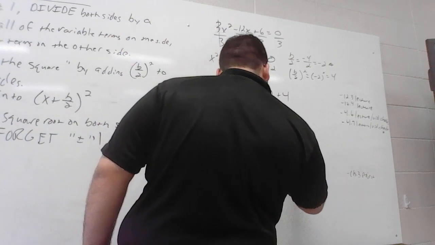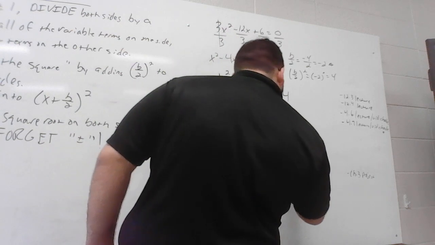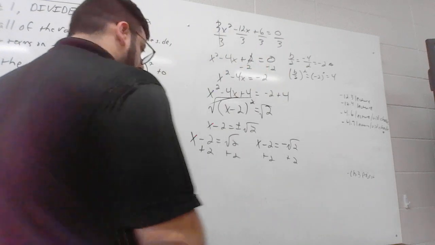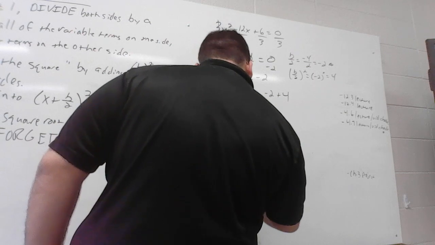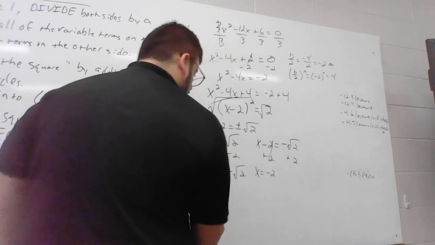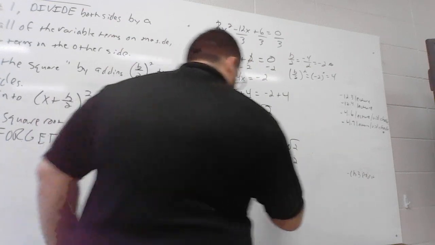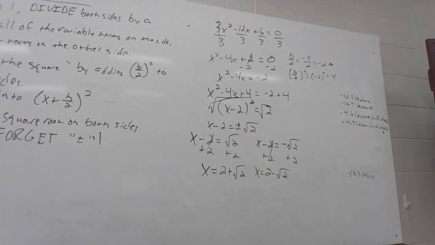X minus 2 equals negative square root of 2. Add 2 to both sides. And my solutions are 2 plus the square root of 2 and, I'm sorry, 2 minus the square root of 2. Those are my solutions. Okay.